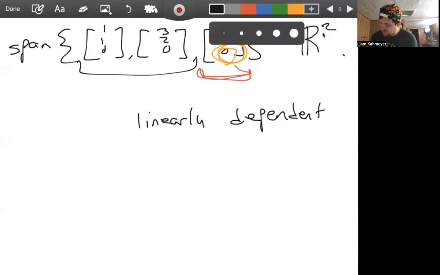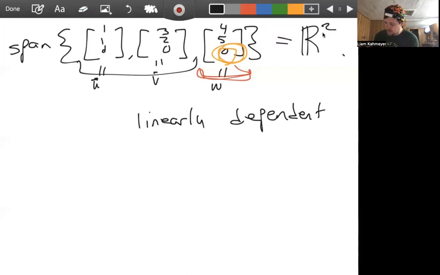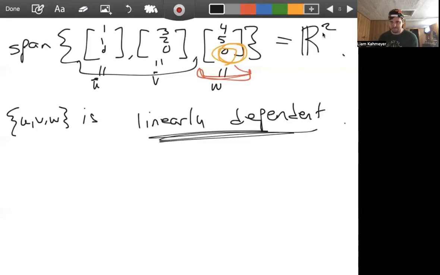And so again, if we call these u, v, and w here, we would say the collection u, v, w is linearly dependent. So this is an idea of what linear dependence means, right? It means that we can write one of the vectors as a linear combination of the other two. And we can see that almost right away.